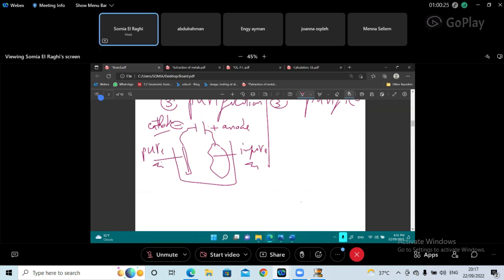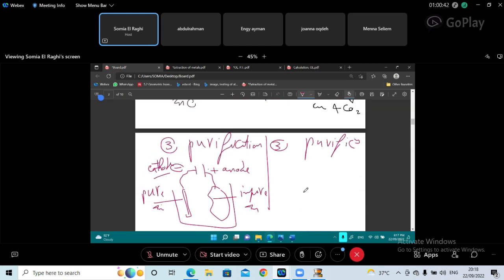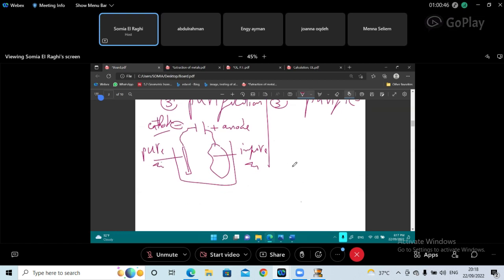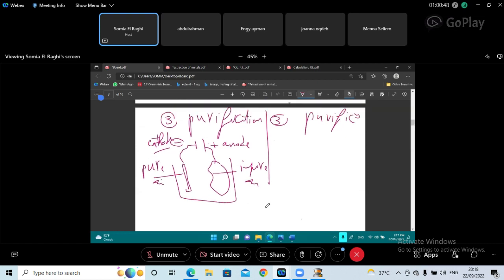Well, anode, maybe the shape is not very clear here. You see, this is very positive with thin layer as negative. All right. So in the material, you get different diagrams. I will explain what is going on regarding this part in electrolysis, inshallah.